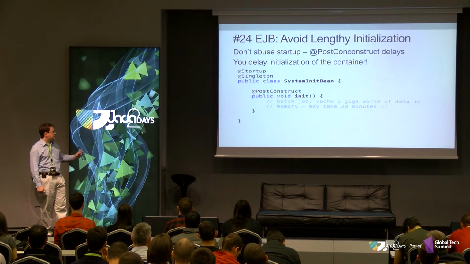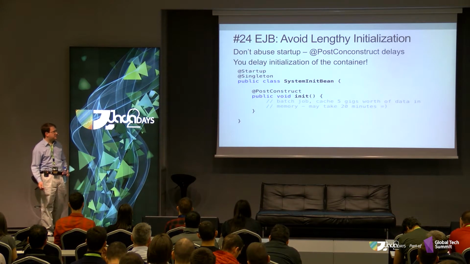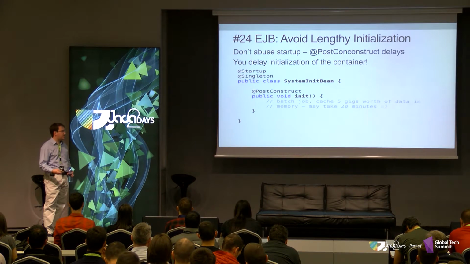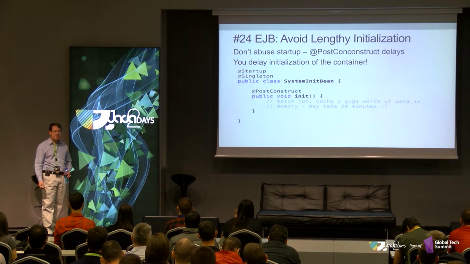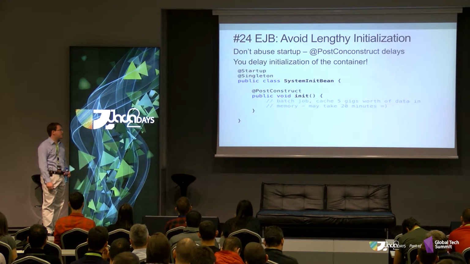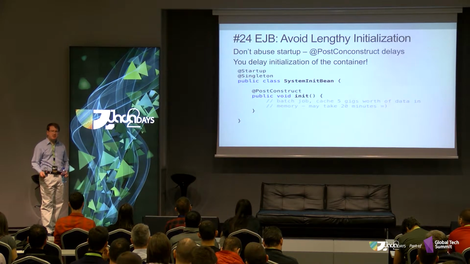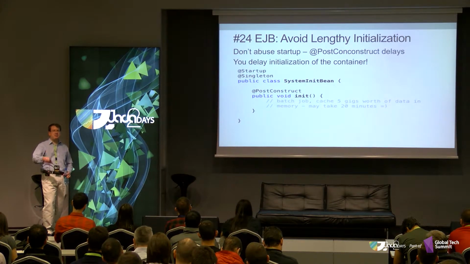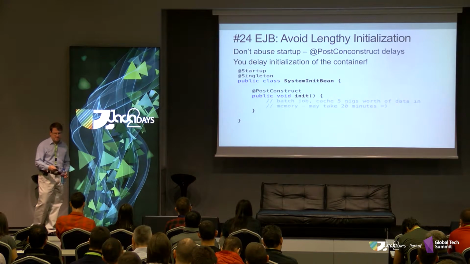If your application is set to auto-deploy when the container comes back up, all of the other applications on the container will wait for that application to finish chewing through the data. So if it takes 20 minutes, all the other applications may have to wait 20 minutes to start up, because generally the containers on startup deploy one application at a time in sequence.